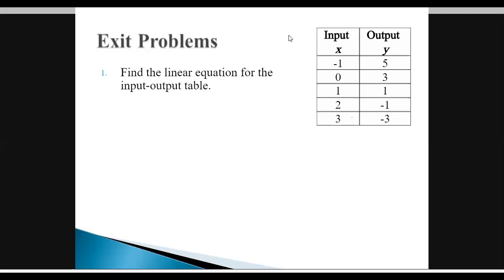To find the y-intercept, it will be 3, because it's beside 0, yes. And to find the slope, we will take 2 points, for example, 0 and 3, and -1 and 5. Okay.